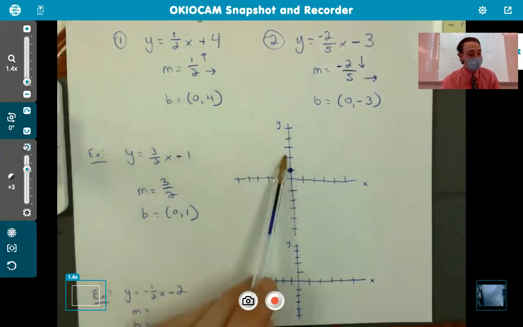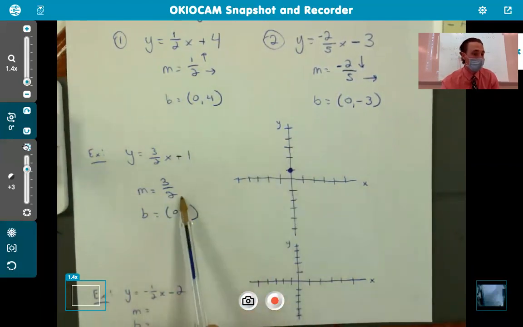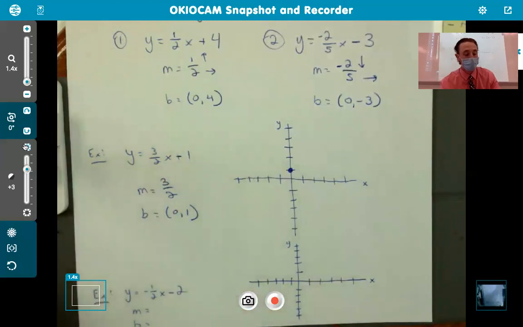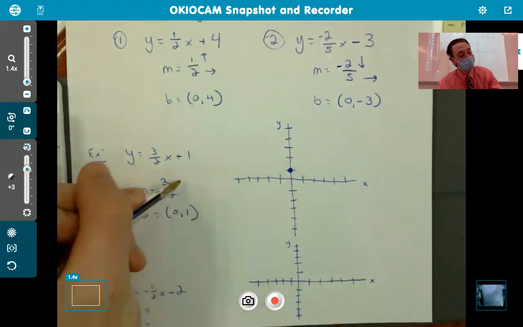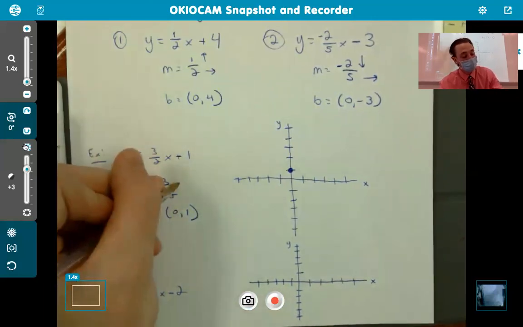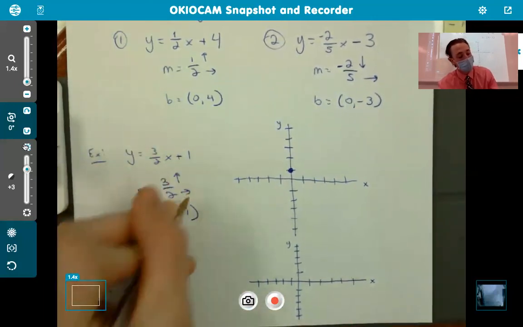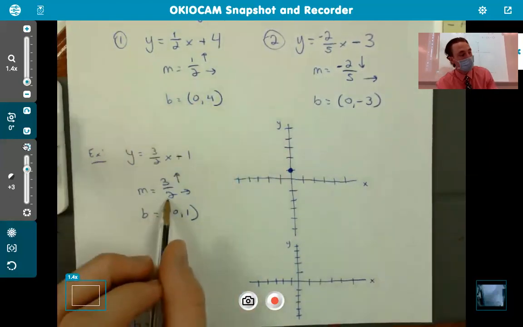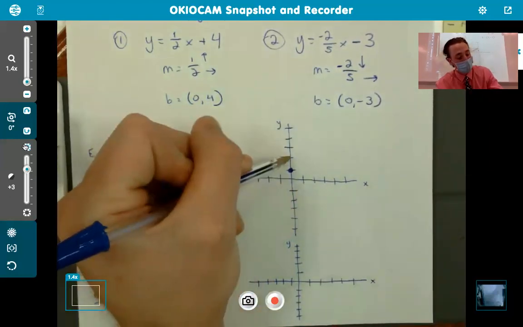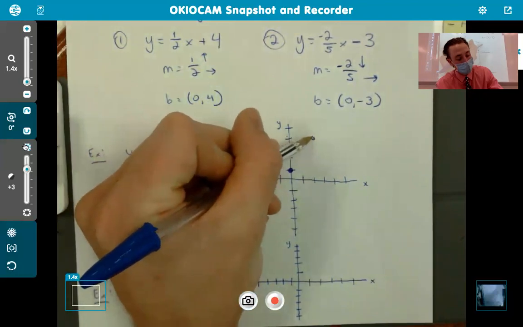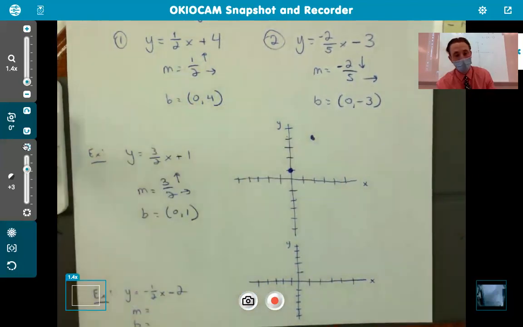So say it was 2, we go up 2 to the right 1, up 2 to the right 1. Well, now that it's a fraction, 3/2. If it's +3, do I go up or down? Up. So I go up 3 to the right 2. Always go to the right, whatever that number is. So if I go up 3, 1, 2, 3 to the right 2, plot that point, and then draw your line.